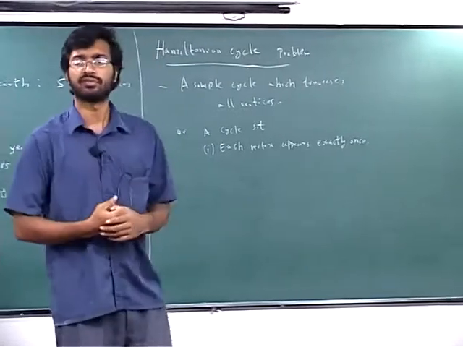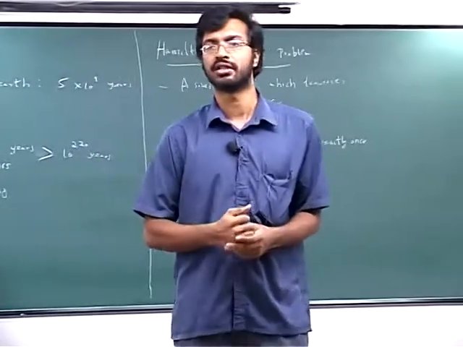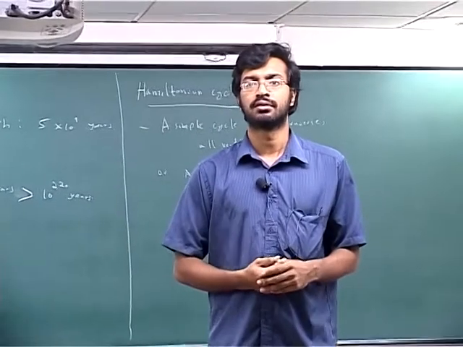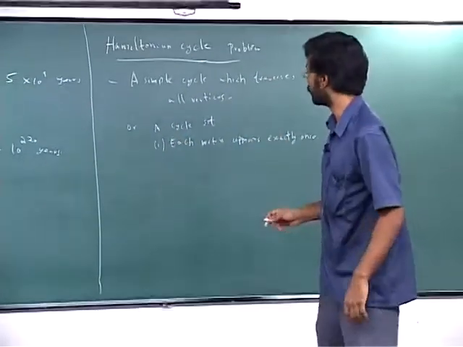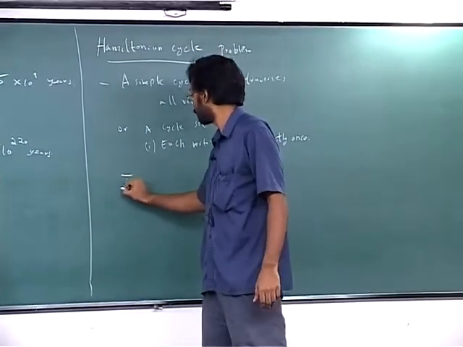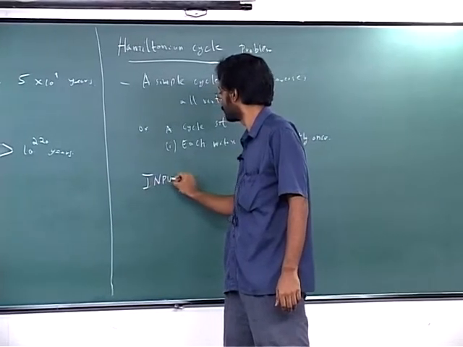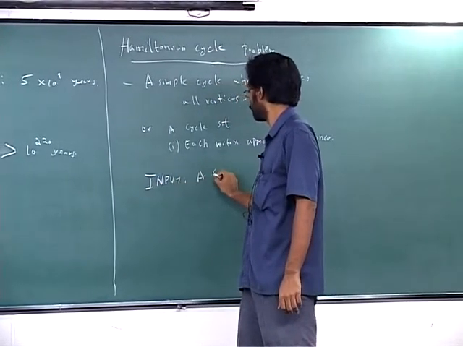Okay, so given a graph, can you check whether it has a Hamiltonian cycle in it? That is the problem we are going to look at. What is the input to the problem? A graph G.